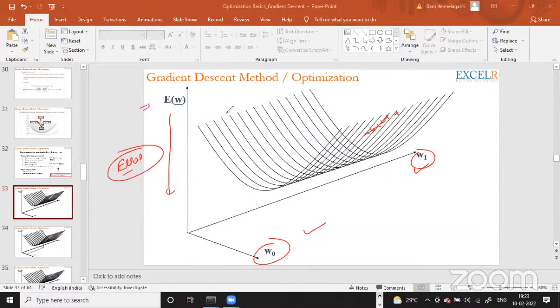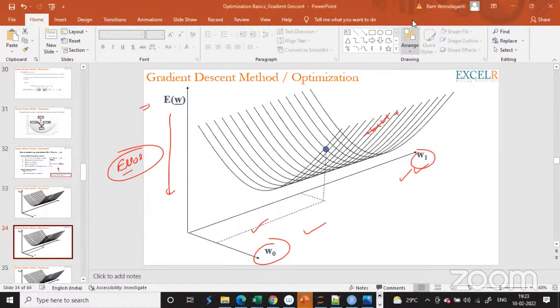So the error function is always a function of your weights. It is a function of your coefficients, a function of your parameters. So initially, you are going to start with your random values. This is going to be your W0. This is going to be your W1. These are your random weights that you are going to start with.